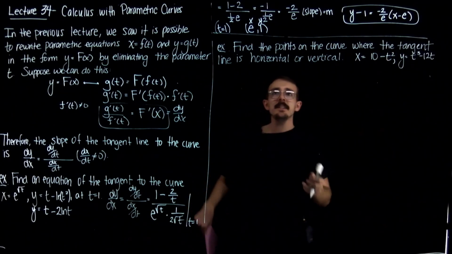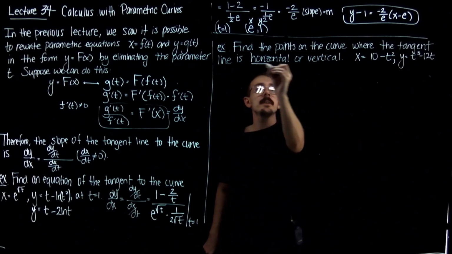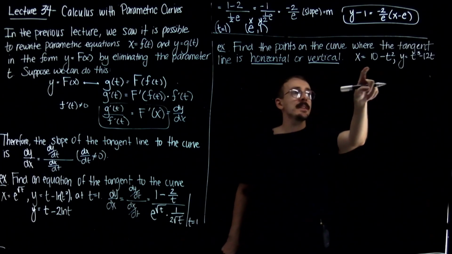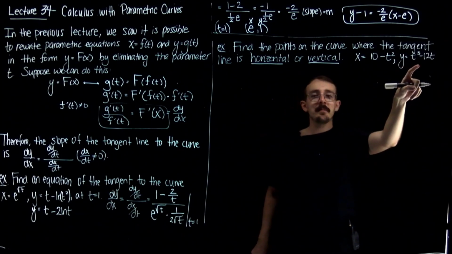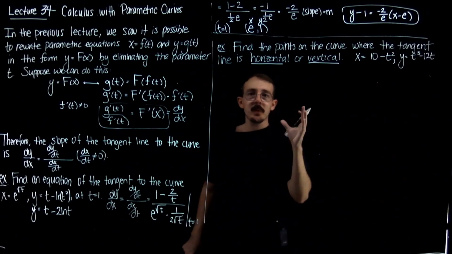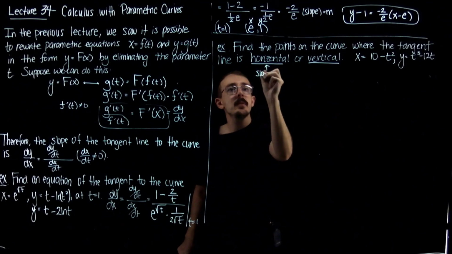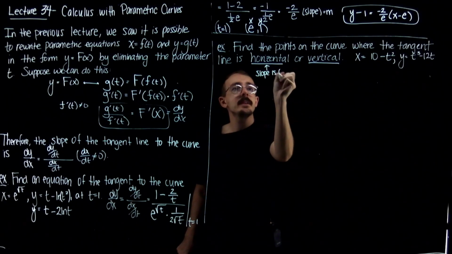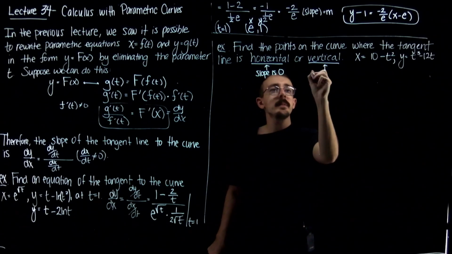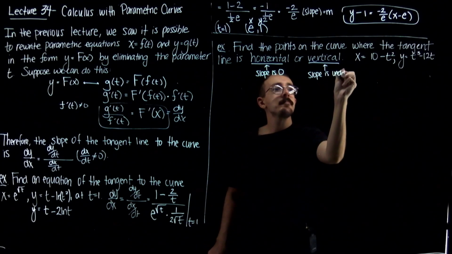Now what I'd like to do is find the points on the curve where the tangent line is either horizontal or vertical. And this time I'm going to work with this set of parametric equations right here. When a tangent line is horizontal, this means that the slope is 0. And when the tangent line is vertical, it means the slope is undefined.